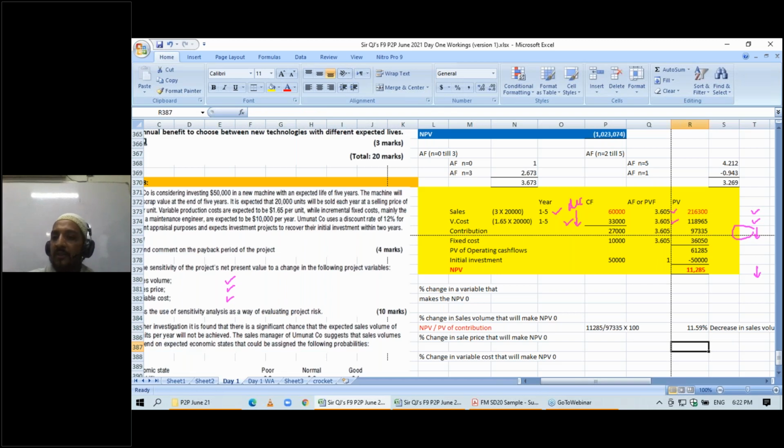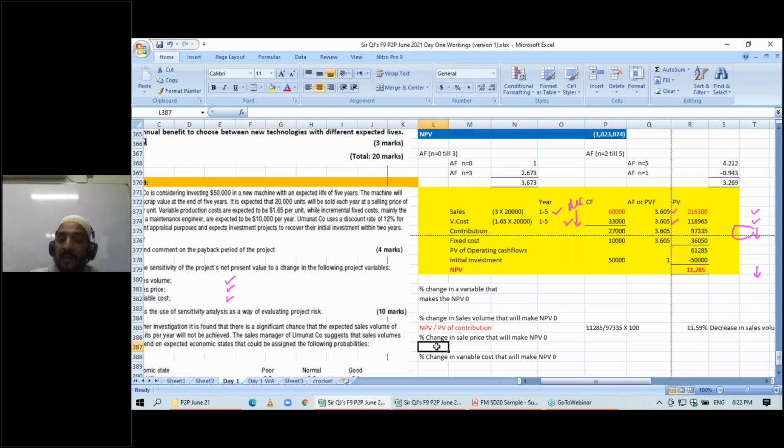A 12% change is a big change. Usually, around 5 to 10% changes are practical. So this is not that sensitive, but obviously we have to investigate. A 12% change can also occur. It depends on the economic conditions of a country and the industry in which the business operates.